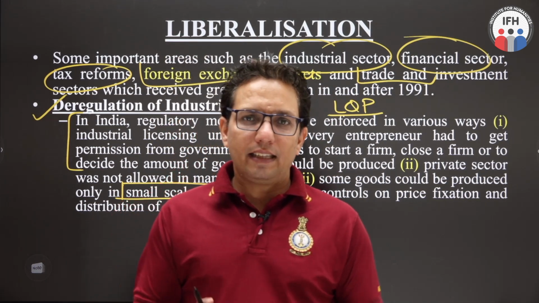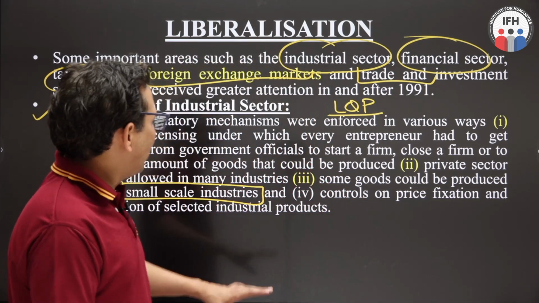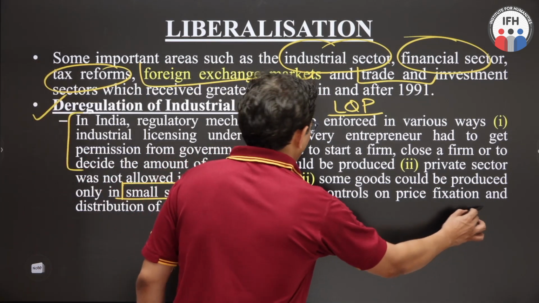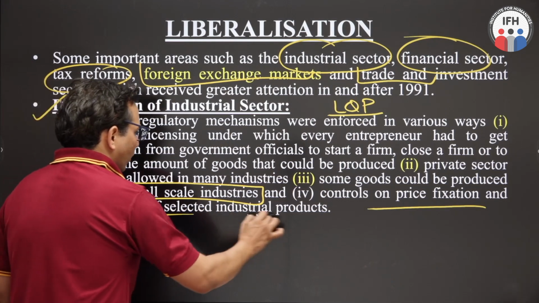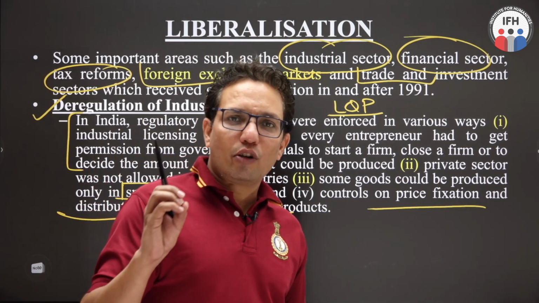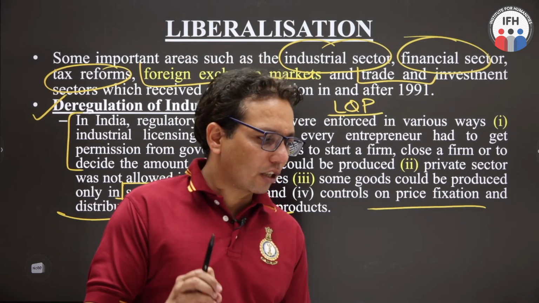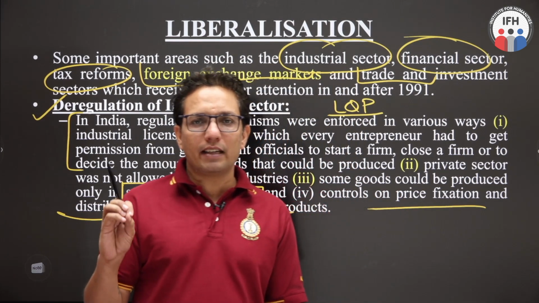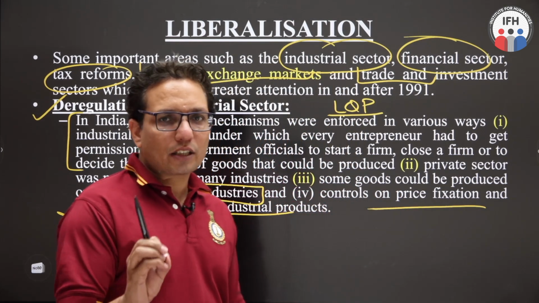Hence it said that certain sectors would be reserved only for small scale industries. There were also controls on price fixation and distribution of selected industrial products. The government was regulating prices so that consumers get goods at reasonable prices.